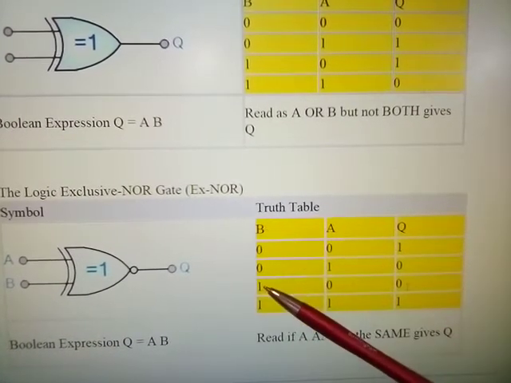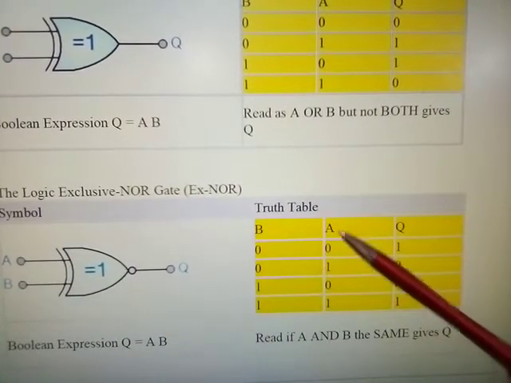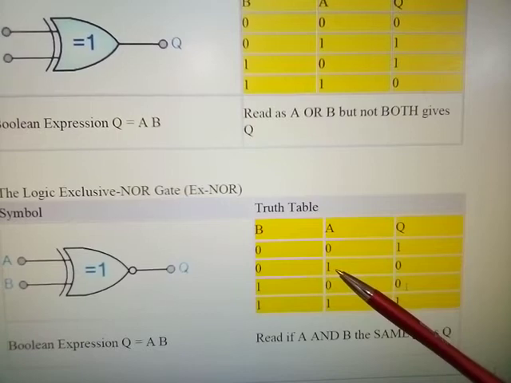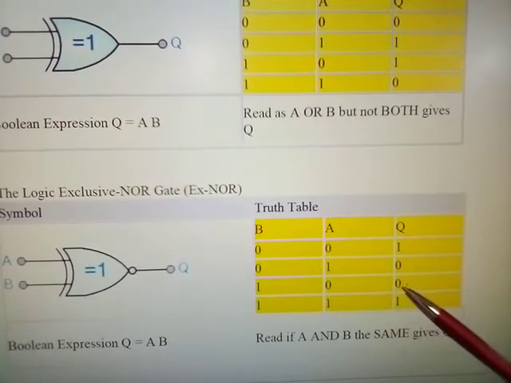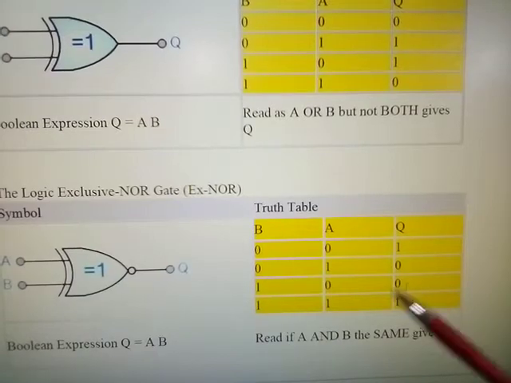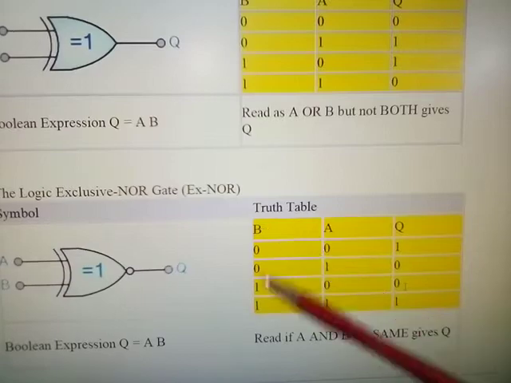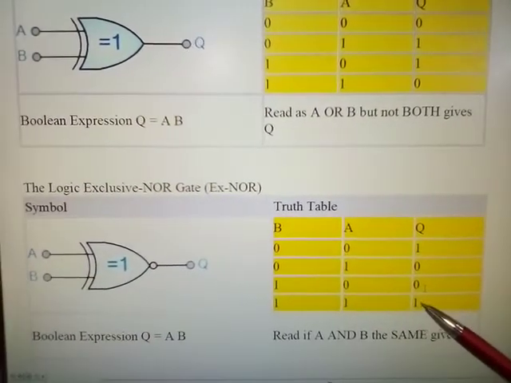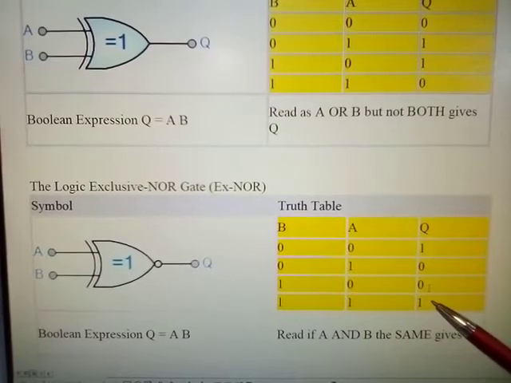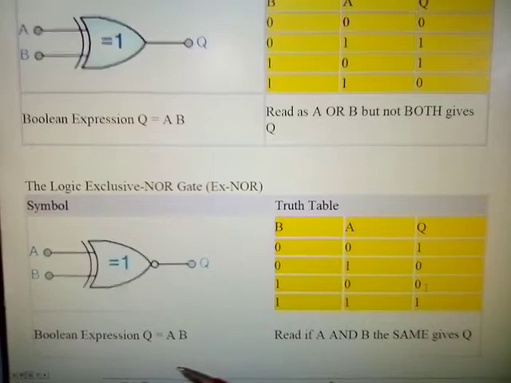If B is at 1 and A is at 0, yes, you'll get a 0 output. But if A is at 1 and B is at 1, then you will get a 1 output. Okay, now Boolean expression Q equals A, B.